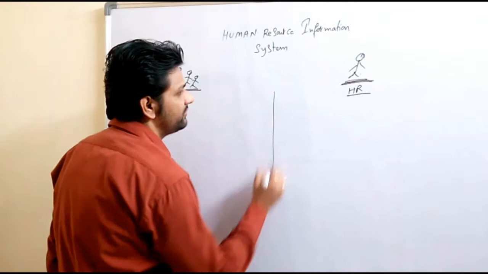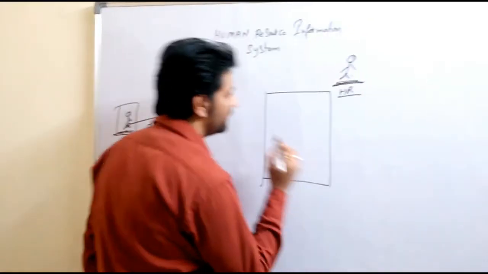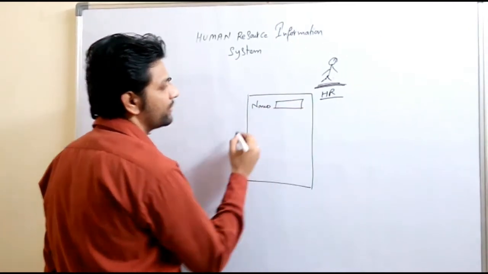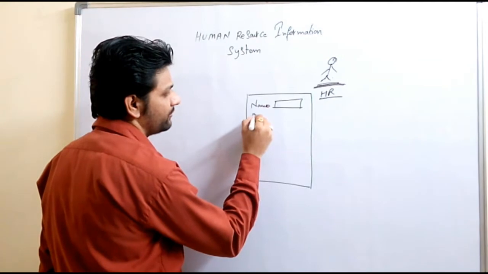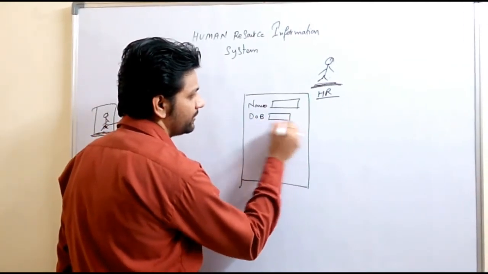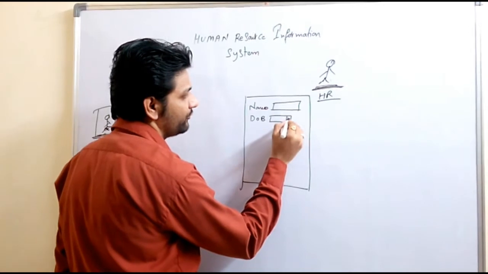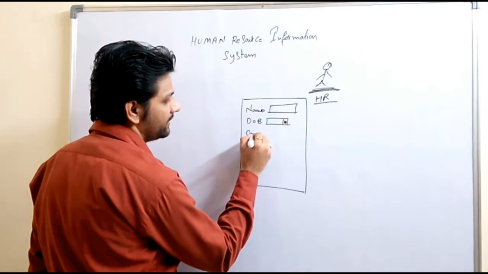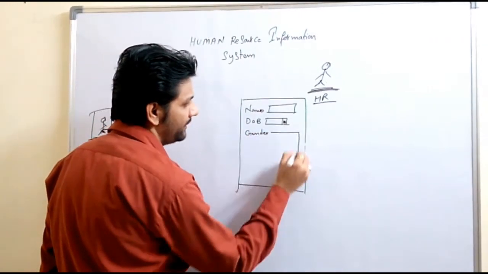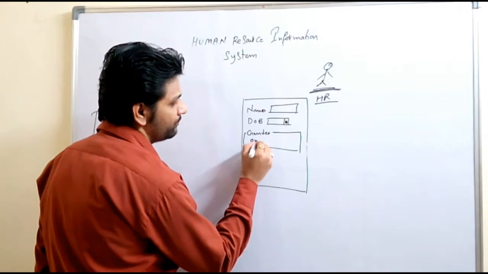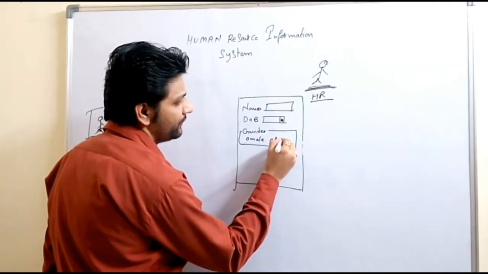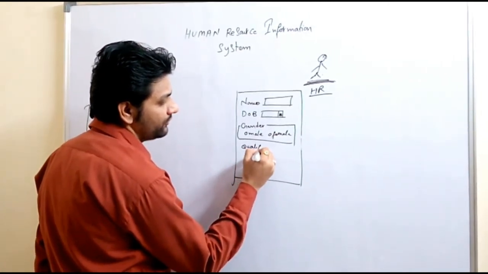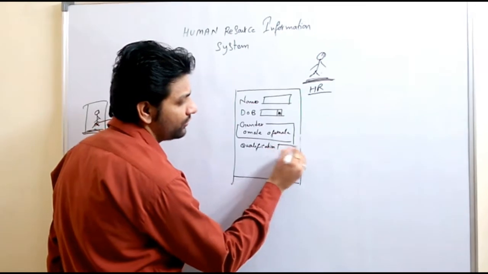For example, this is the software. Whenever he opens the software, it asks to enter the name of the employee and the date of birth of the employee. It is a date field, so if you click here, a calendar will appear. Then the gender of the employee, that means male or female, and his qualification will be in a combo box.